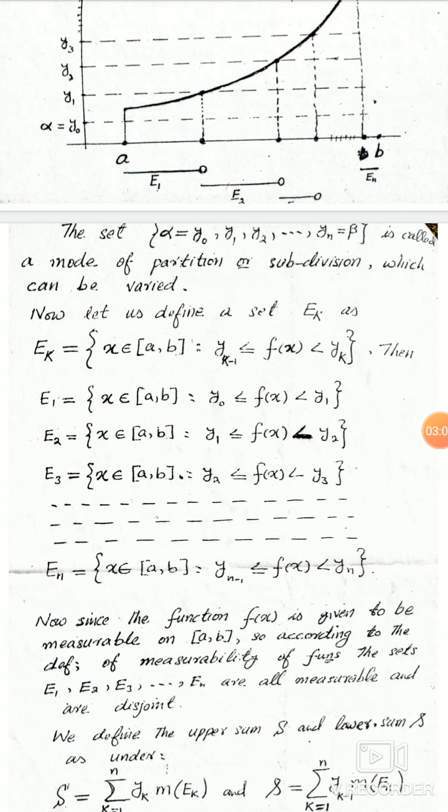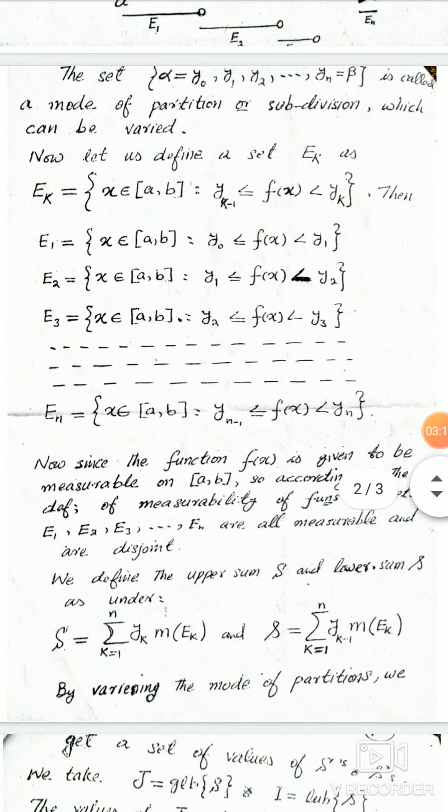Now let us define a set ek as ek equal to the set of x belonging to the closed interval [a, b] such that f(x) is greater than or equal to y(k-1) and less than yk. This is the general representation of ek. If we put k equal to 1, e1 is the set of x in [a, b] such that f(x) is greater than or equal to y0 and less than y1.